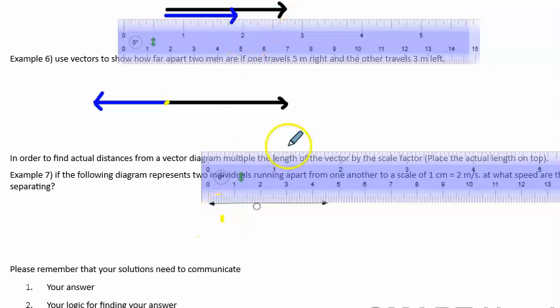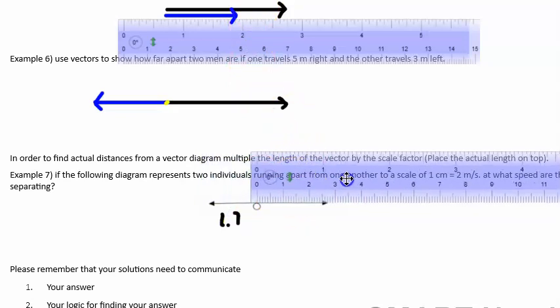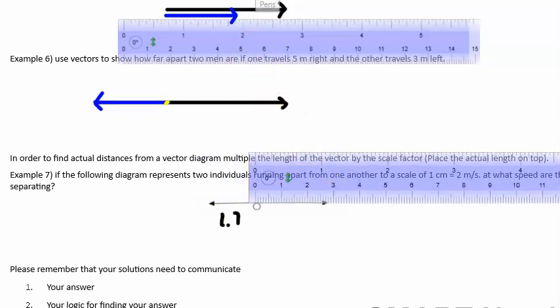Well, let's pick something a little bit more visible. 1.7 centimeters. And the other one is approximately 2.8 centimeters in length.